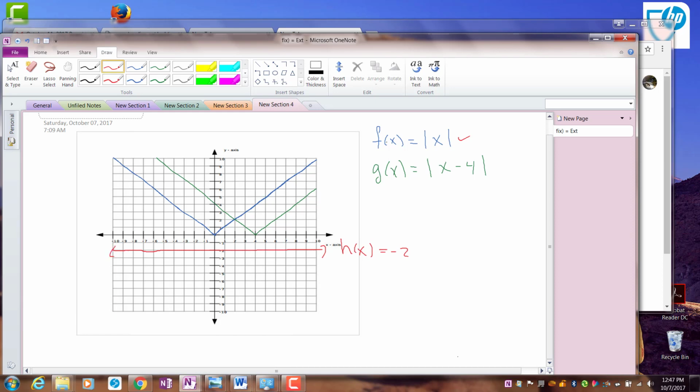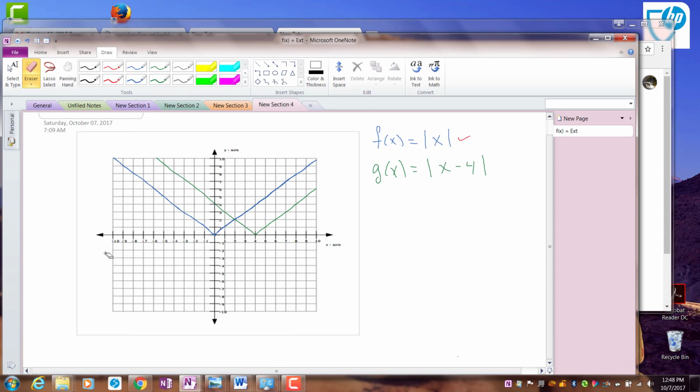Clearly, the f of x absolute value does not intersect with h of x. We can see that. So there's no way that the absolute value of x could ever equal negative 2. Just wanted to cover up that point I didn't make in the last video.